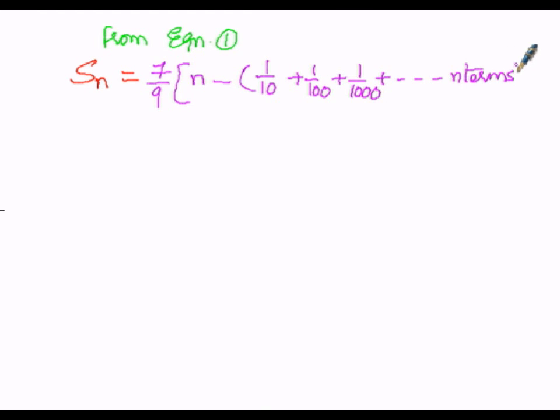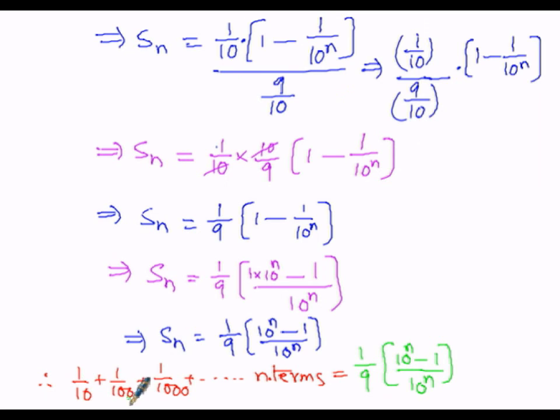In this equation we also supposed this to be S of n, but as per the previous logical step we got 1 by 10 plus 1 by 100 plus and so on up to n terms as 1 by 9 into 10 power n minus 1 by 10 power n. So instead of this left-hand side bracket we can replace it by 1 by 9 into 10 power n minus 1 divided by 10 power n.